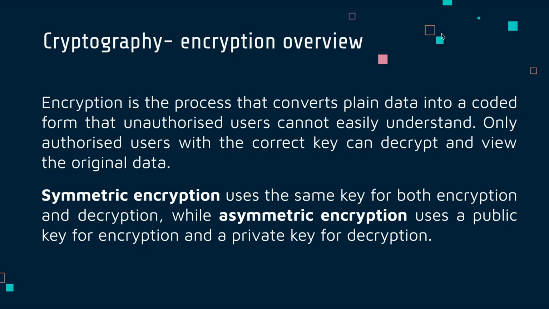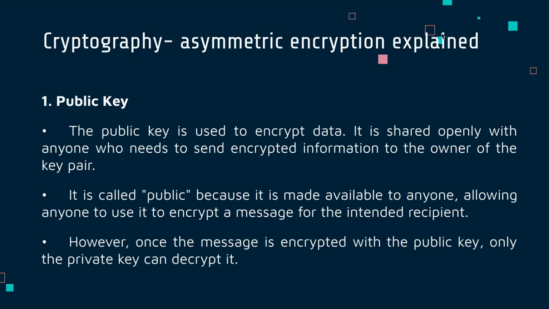More common encryption is asymmetric encryption, which uses a public and a private key: a public key to encrypt and a private key to decrypt. So that's probably the one that needs to be broken down. Asymmetric encryption, which AES, which we looked at before, uses, has a public key. The public key is used to encrypt the data.